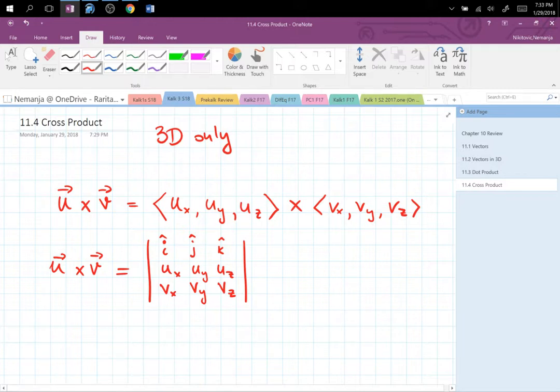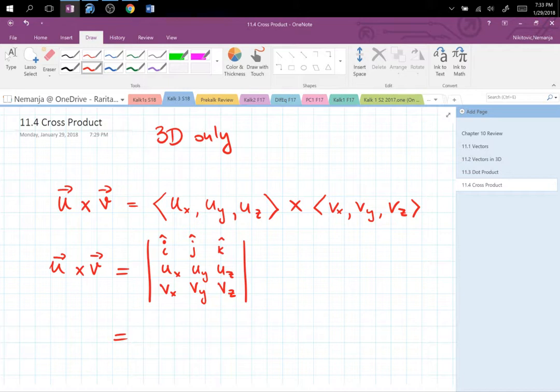Now the way we compute the determinant is a pattern that looks really complicated, but it's really cheap. So just watch the screen rather than your notes and write it later.